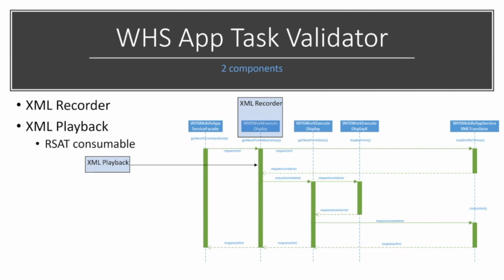So the new warehouse app task validation framework basically adds two components to the system. The first is an XML recorder, which can monitor and store the input and output XML documents from the custom endpoint, which remember is what the mobile device is communicating with. This means it can act like the classic task recorder in that it can store the activities conducted in the mobile app for playback later.